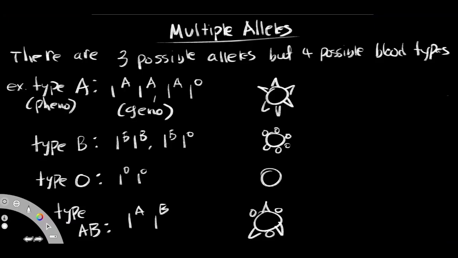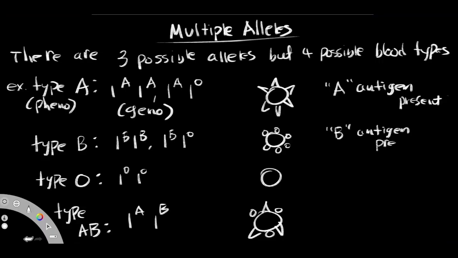Obviously, if it's a type A, there is an A antigen present. For a type B, however, a B antigen is present. For O, guess what? There's nothing on the outside, so no antigen is present.